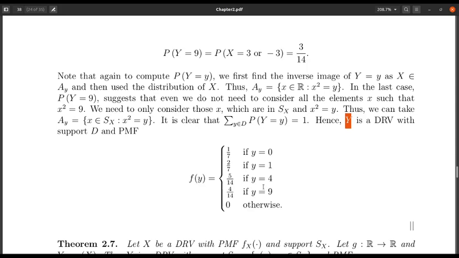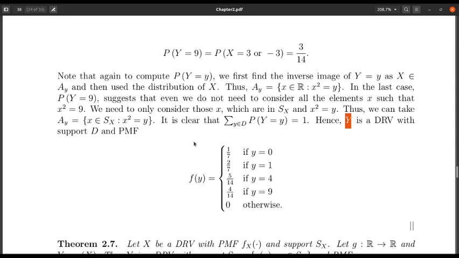The basic idea is the same. We first need to guess the support of Y, and once we guess that, we need to find the probability that Y equals y for each y belonging to the support of Y. To find that, we use the inverse mapping: we find the inverse image of Y equals y in the support of X, and from that we can find the probability.